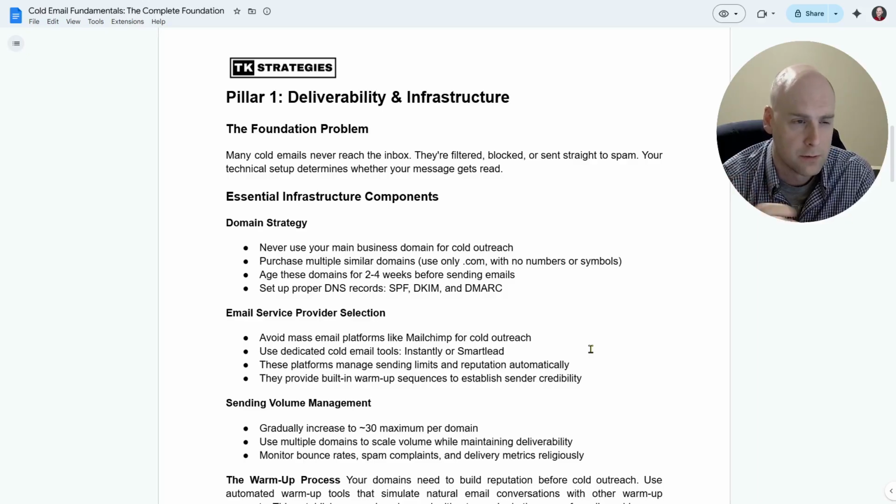Always use .com. There's a little bit of a debate. Some people use .com and .co. For me personally, I just stick to .com. It hasn't failed me yet, and I suggest that you do the same. Really, this presentation is going to be a lot of little things that you should do that collectively result in a positive outcome for you and for your business.